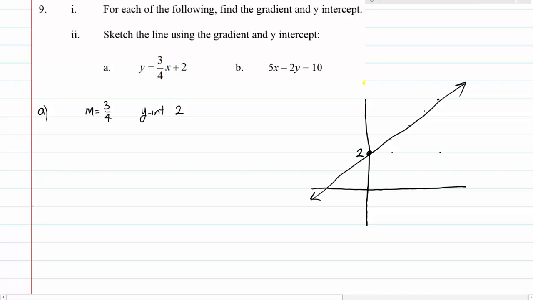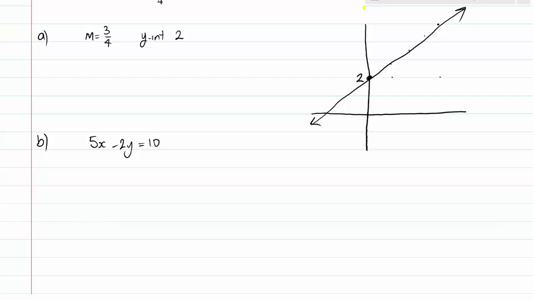And there's my gradient. Part B, I have 5x minus 2y is equal to 10. They've made it a little bit harder here because we have to rearrange the equation first. So I get -2y equals -5x plus 10. I've subtracted 5x from both sides of my equation.